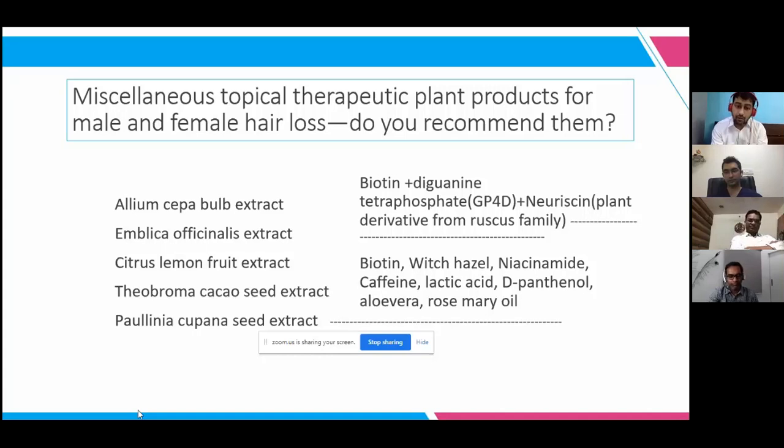No, they write the ingredients. But you don't know what percent caffeine is there. Yeah, of course, the percentage they don't mention, but they mention the ingredients actually.